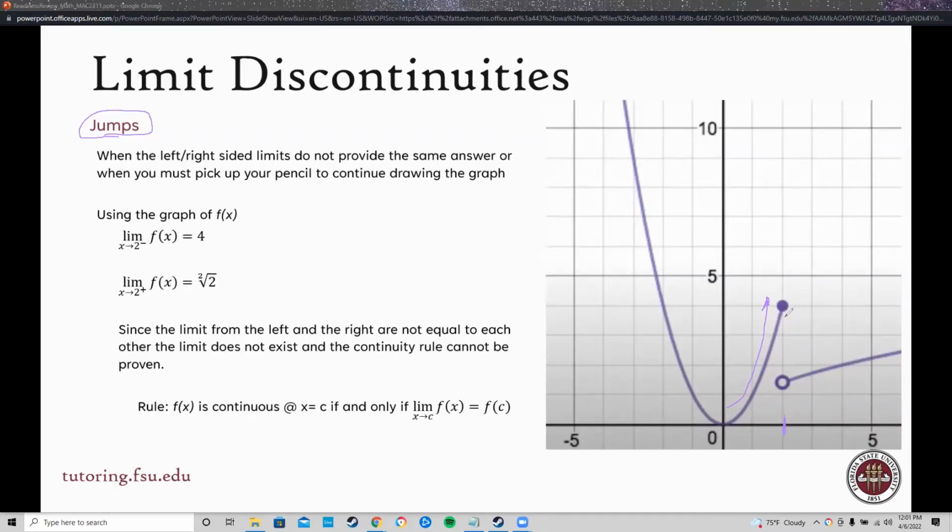However, if I'm approaching on the right-hand side, the limit when I approach 2 from the right is something like 2 root 2. So since the limits don't match from the left and right-hand side, the limit actually does not exist here for this function.